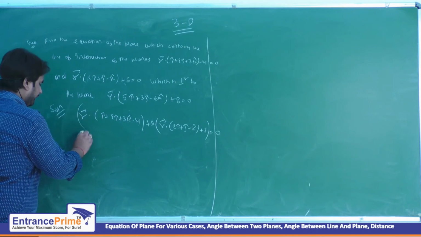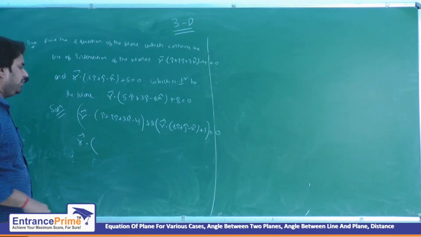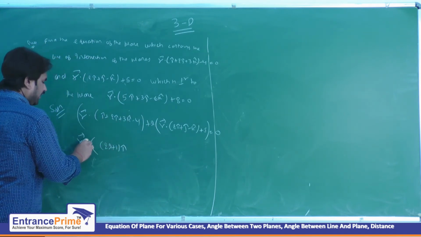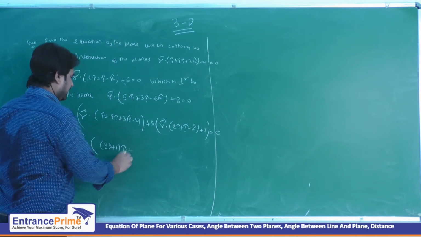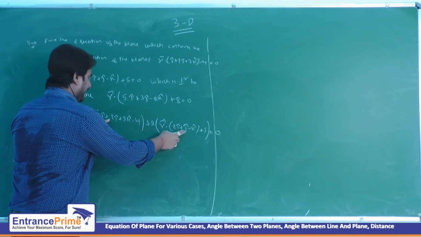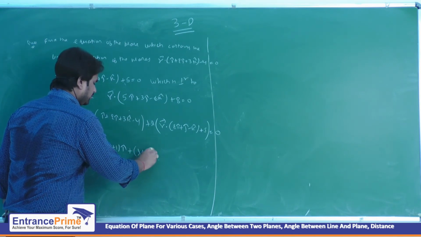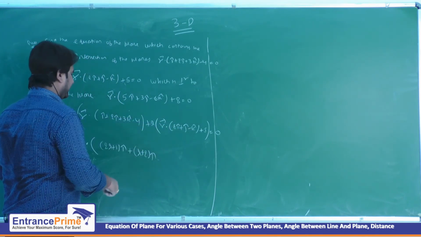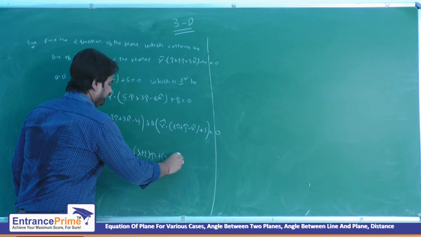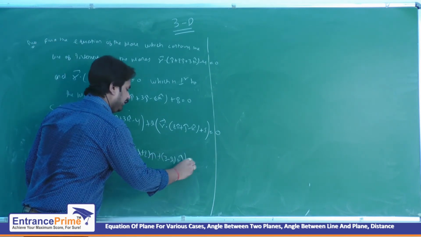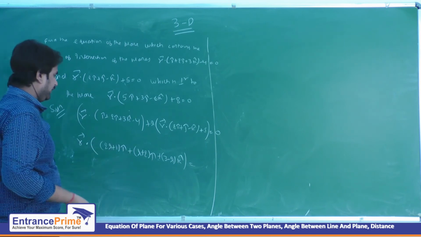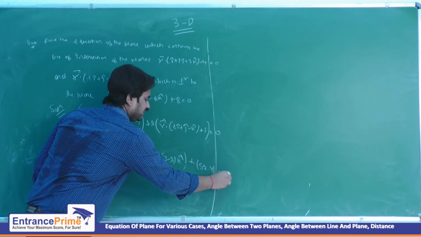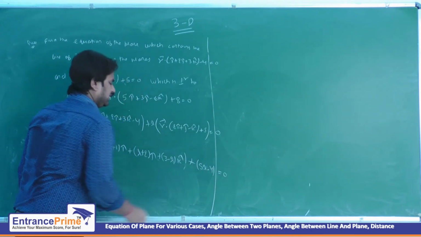So it will become r dot ((2 lambda plus 1) i cap plus (lambda plus 2) j cap plus (3 minus lambda) k cap) plus 5 lambda minus 4 equals 0.